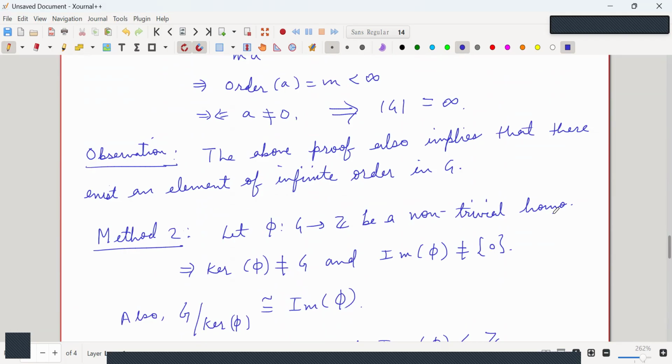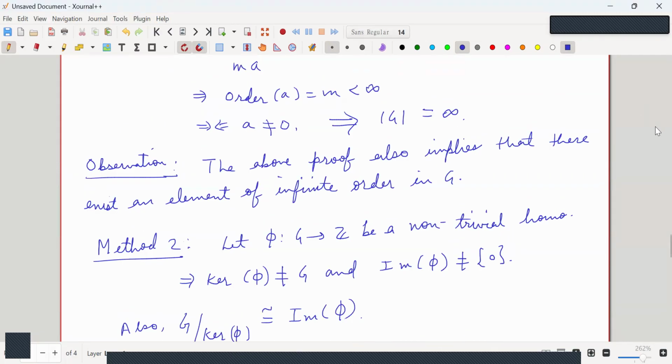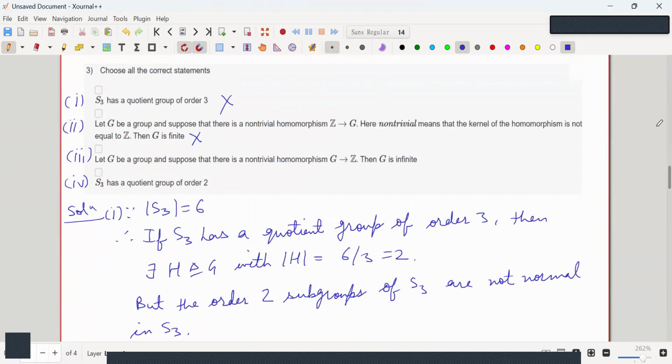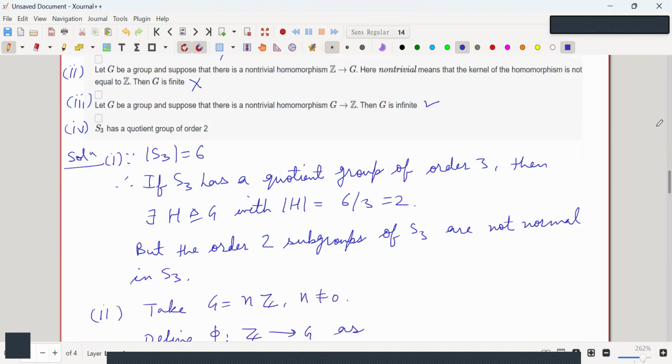There exists some element of G which is of infinite order. Okay. Is there any doubt in this option? No, sir. Okay.